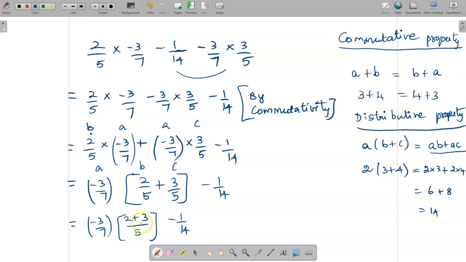So keep the denominator as it is and just add the numerators. So you have minus 3 by 7 into 2 plus 3 is 5, 5 by 5, minus 1 by 14. Anyway, the 5 gets cancelled: 1 5s are 5, 1 5s are 5. So I have minus 3 by 7 minus 1 by 14.